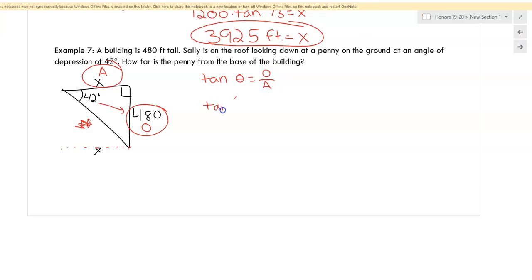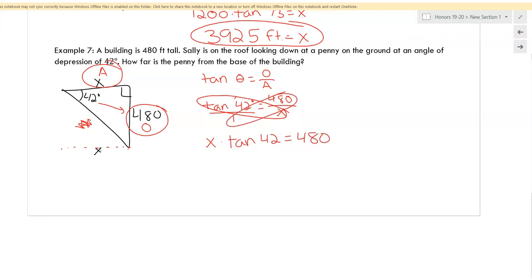So the tangent of 42 degrees equals 480 over x. We are solving for a side, put it over 1. X times the tangent of 42 equals 480.